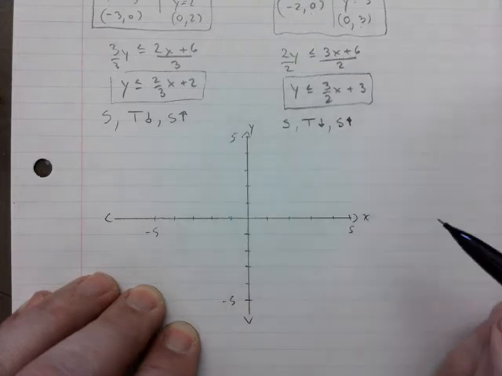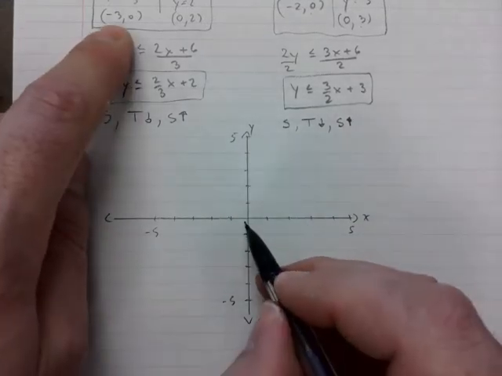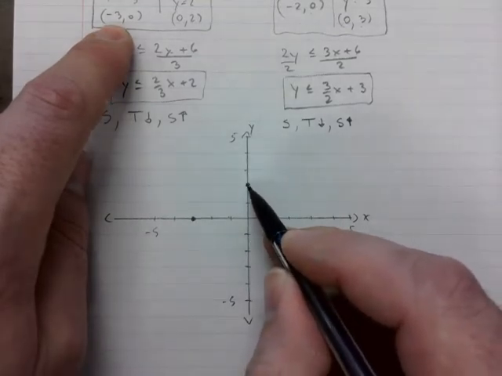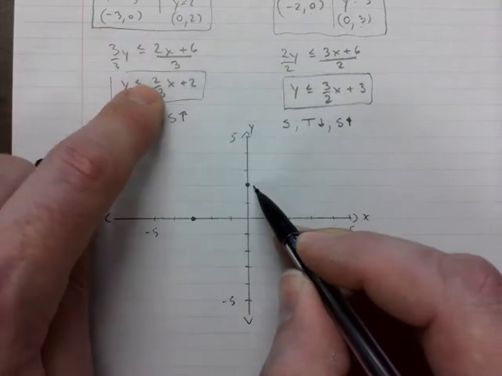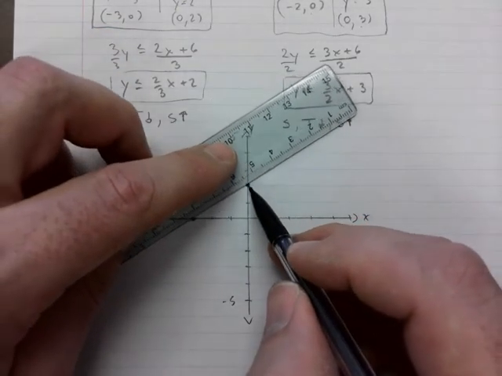That's 5. So 5 in each direction. X and y is labeled, and now we can graph. So negative 3, 0 is there. 0, 2 is there. It's going to go up from left to right, and my slope is positive, so we're good to go. It's going to be a solid line.